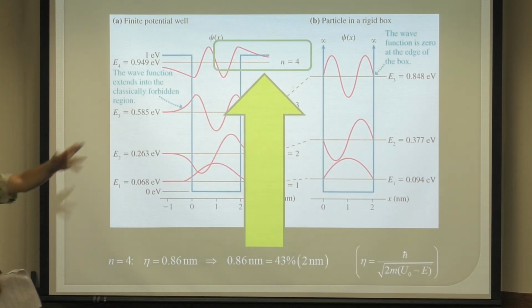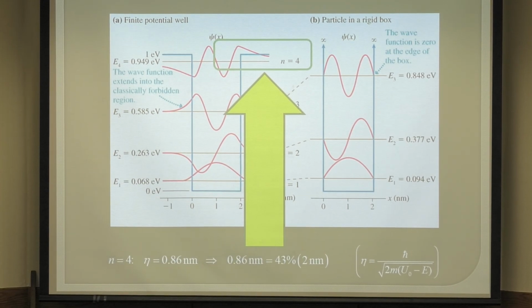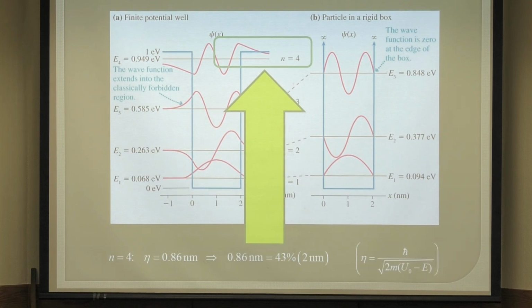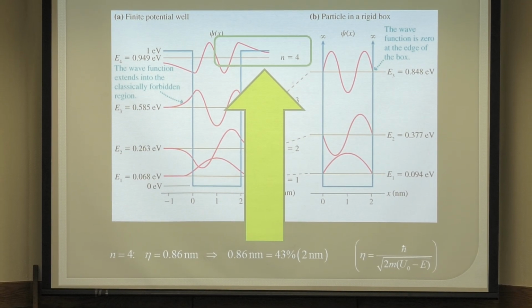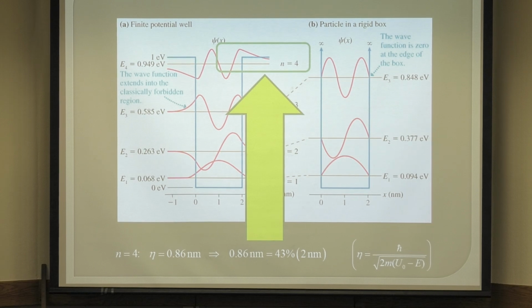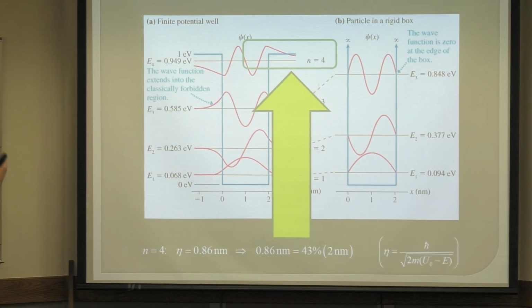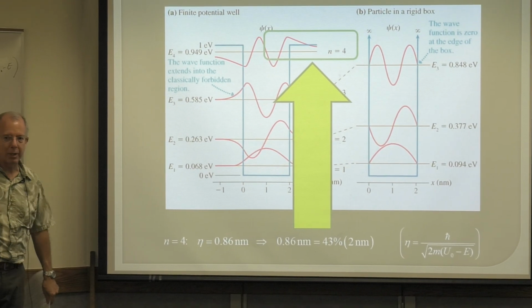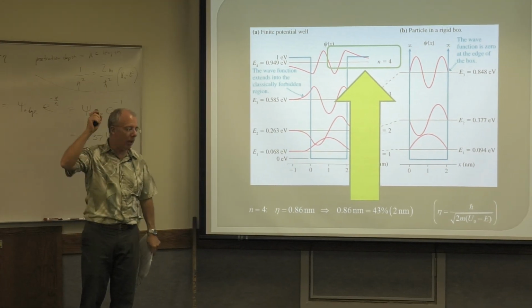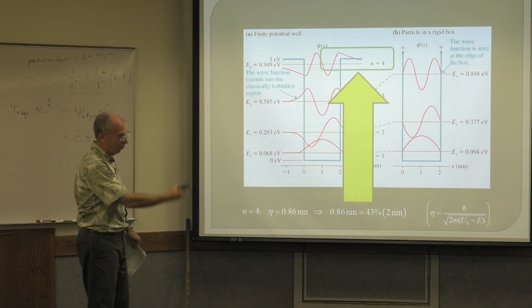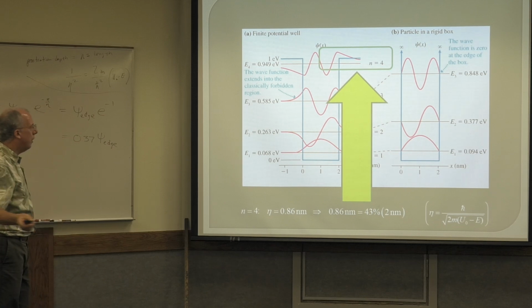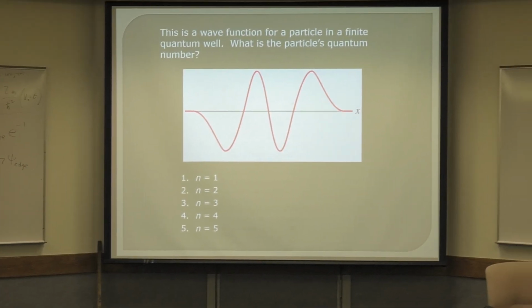It sticks way out there. And again, that's super easily measurable, and people measure it. And if this didn't work, you wouldn't have transistors, you wouldn't have cell phones, you wouldn't have modern electronics, you wouldn't have all sorts of things. So this is real. Just a couple of review questions first, and then we'll quit.